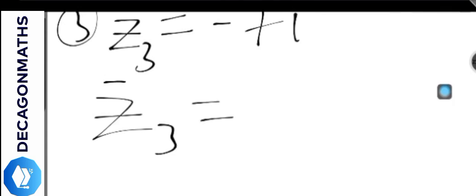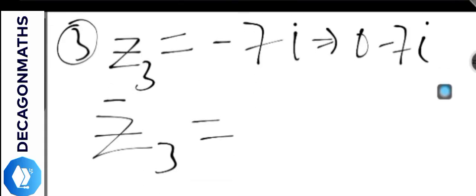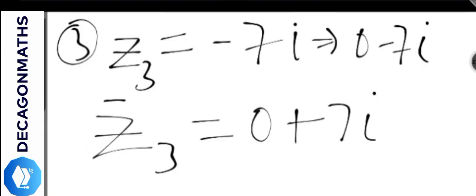Now you know this can be written as 0 minus 7i, right? So you can see that the sign in between is minus. So this implies that z3 bar, which is the conjugate of this, will now be 0 plus 7i.